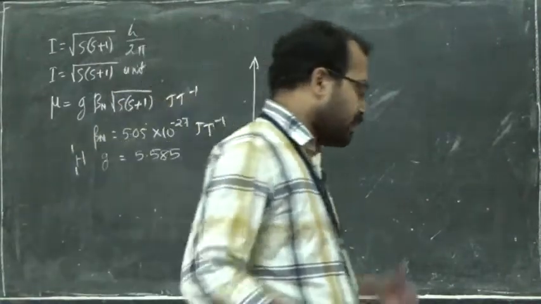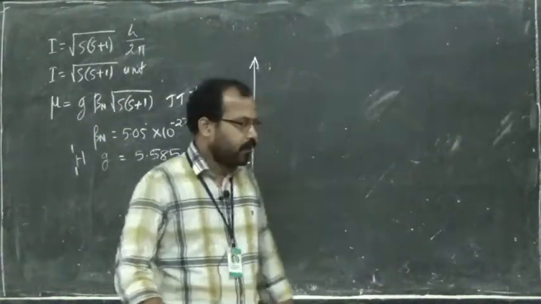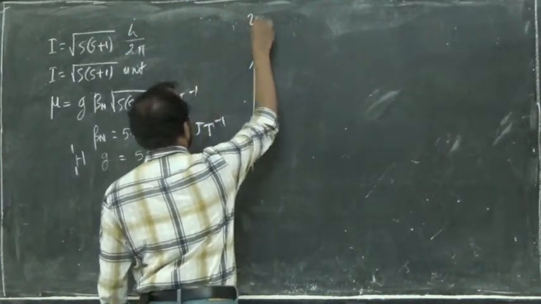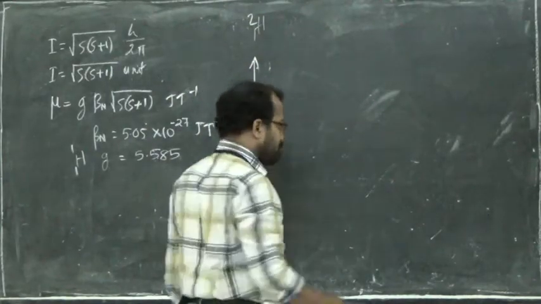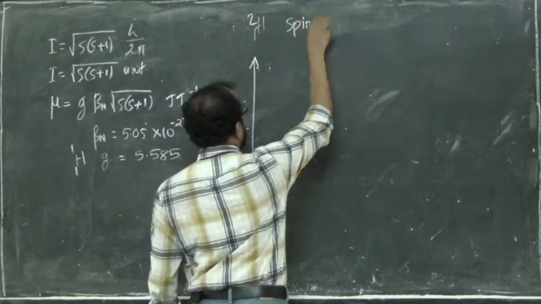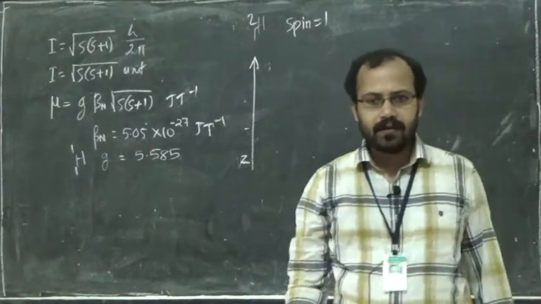Suppose that you have a nucleus, the nucleus is H12 here. And what is the spin of H12? We learned that already in the previous class. The spin of this nucleus is equal to 1, or s is equal to 1.